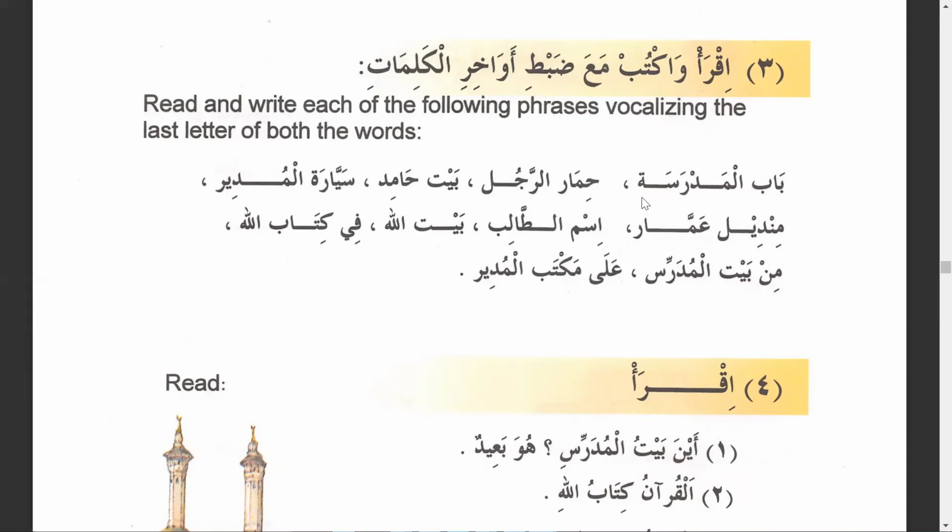Are you getting my point? Yes. Okay, so now you do the exercise. You say it, and I'm going to write the last letter. If I put min over here, what would be the i'rab status of Bab?